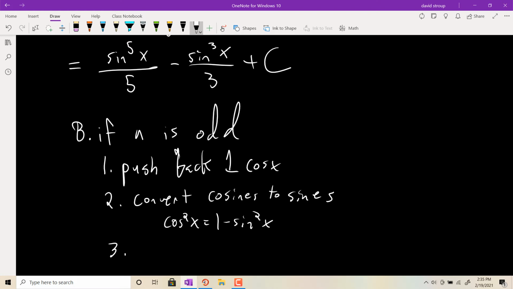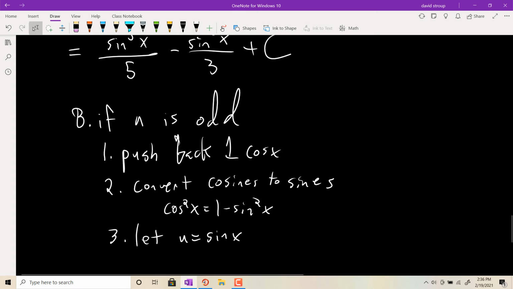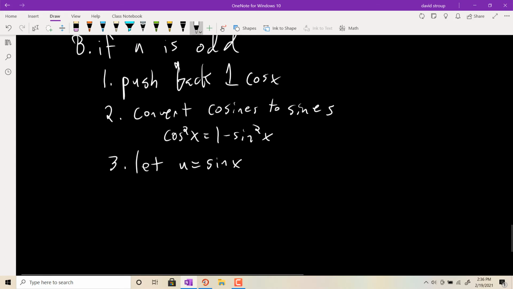And then thirdly, do a u sub. So let u equal sine x in this case. Basically, the thing that you're factoring backwards will turn into your du. So this thing will equal your du. We hope. All right, anyways, let's take a look at an example of that.